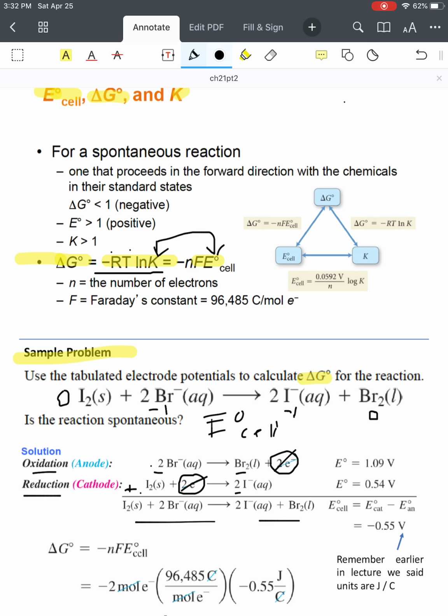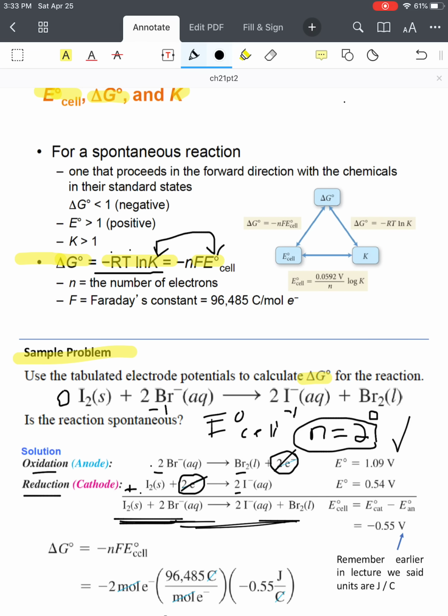It balances. So what I'm getting at here is n for this reaction. Remember I said that was sometimes difficult to find? It's 2. n is the number of electrons involved in the overall chemical process, how many electrons are transferred as decided by the overall reaction.